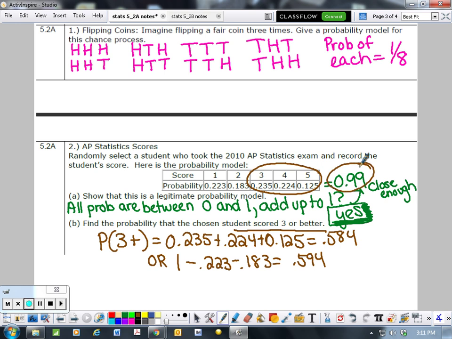No. So when I did this, I really should have done 0.99 instead of 1. Because on my legitimate probability model, I noticed that there was a little bit of a rounding error and it didn't add up. So then this would really be 0.584. So just a little something to think about, keep in your mind. Complements are nice, but you've got to be careful about them.